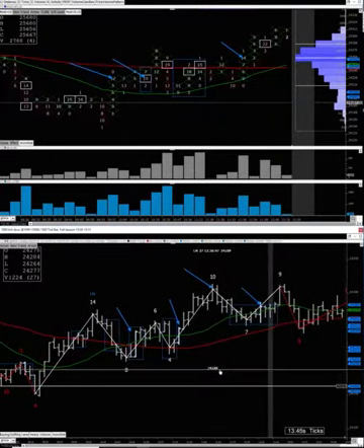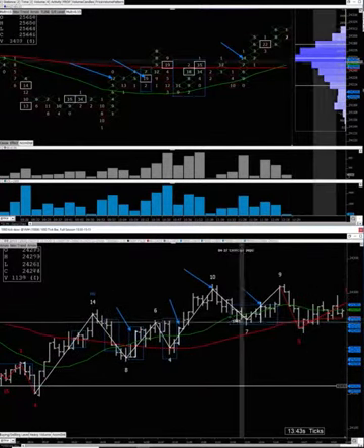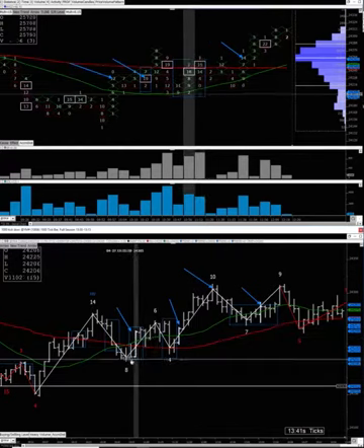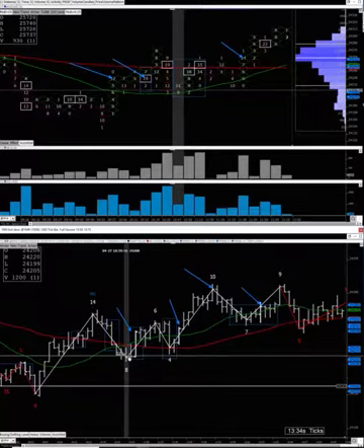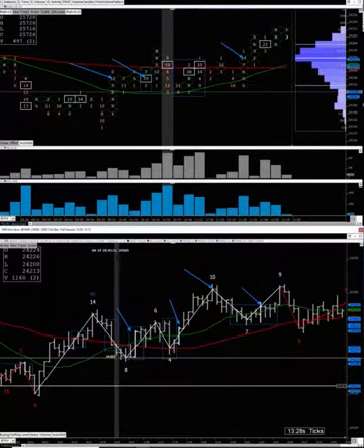And the ranges actually can be seen on both point and figure as well as bar chart, but I think the bar chart makes it more exaggerated, so you'll see the range of accumulation.